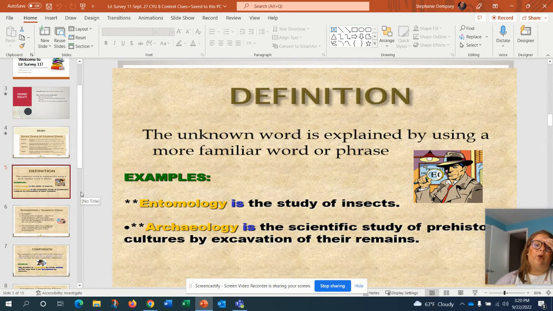So the unknown word is explained by using a more familiar word or phrase when you're trying to pick out a context clue in a sentence. To give you an example, if the sentence says entomology is the study of insects, it's telling you that it is something, so you can define that word. Archaeology is the scientific study of prehistoric cultures by excavation of their remains.